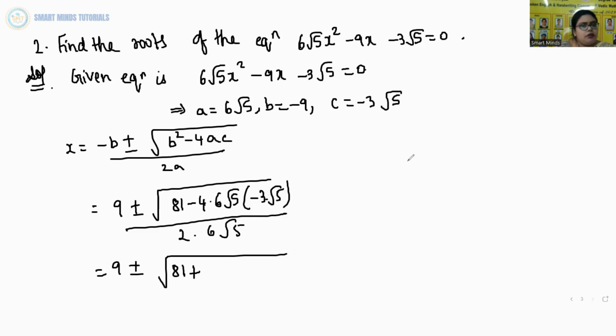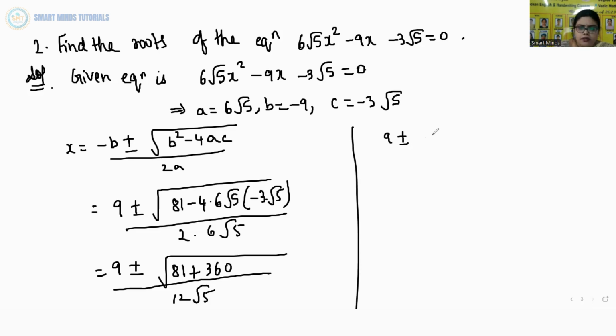So 72 into 5 is 360, by 12 root 5. So that is 9 plus or minus root over 360 plus 81 is 441, by 12 root 5. So that is 9 plus or minus 21 by 12 root 5.